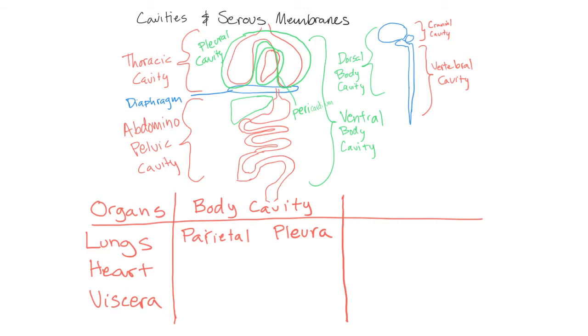And that's going to have this, the first word's going to be parietal. So the parietal pleura is the whole cavity. So the thoracic cavity, or the pleural cavity, is lined by the parietal pleura.